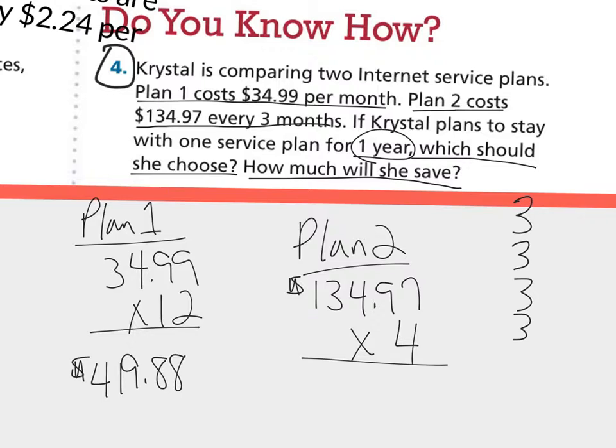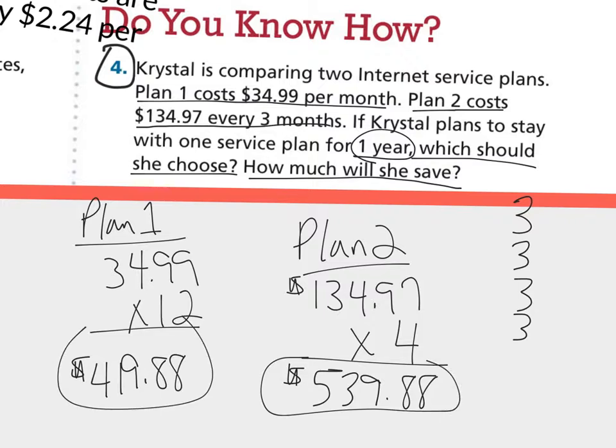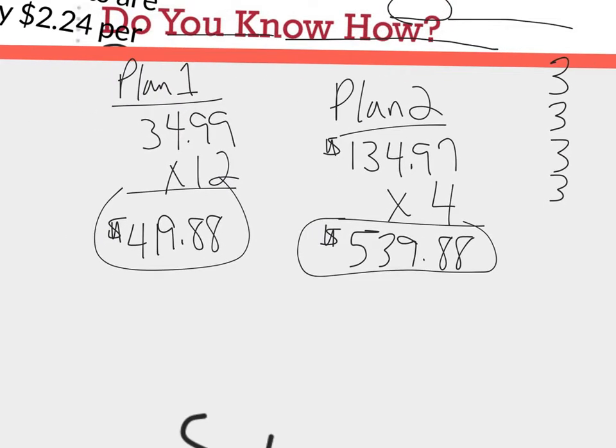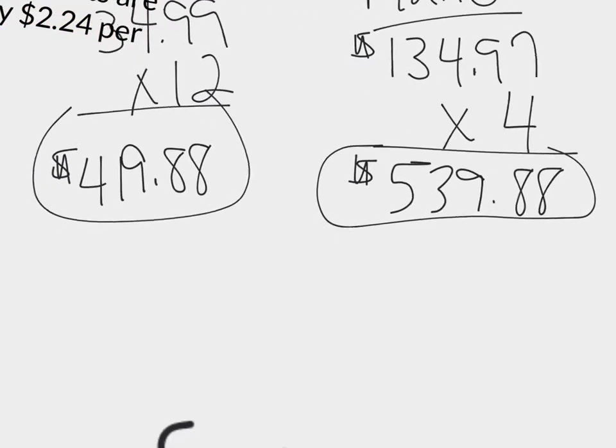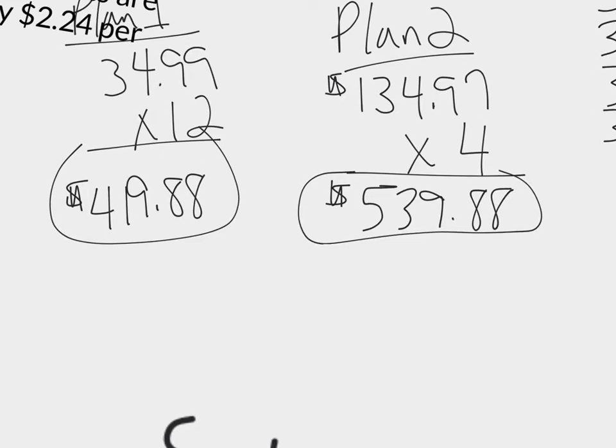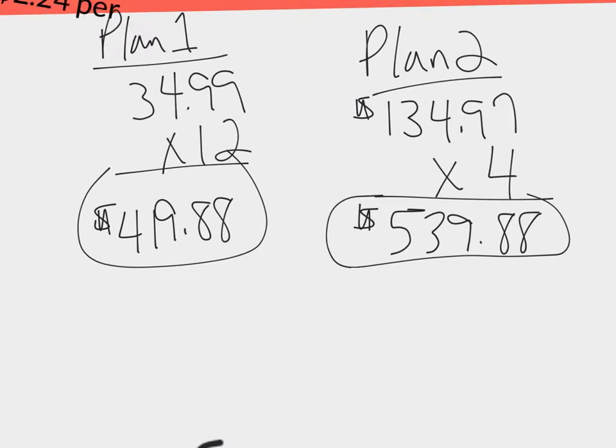So 134.97 times 4 would be 539.88. So now should be a lot easier to see what's going on. Obviously then plan 1 would be cheaper.